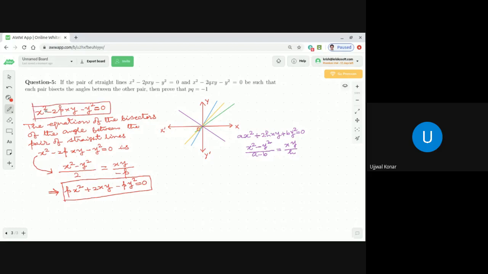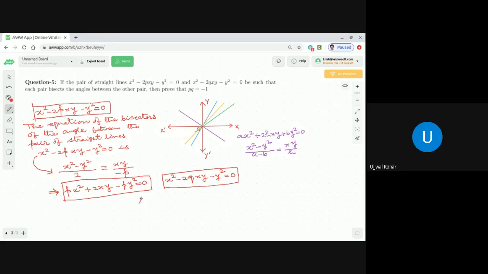Now, if you look into the question, this equation and x square minus 2qxy minus y square equal to 0 are both identical according to the question.